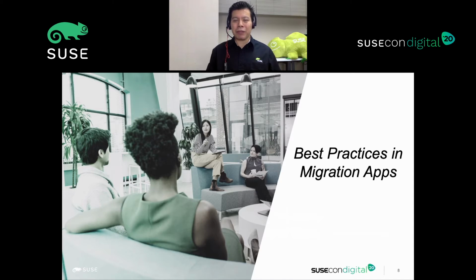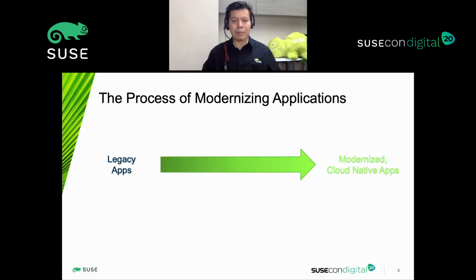Now, in this session, we're going to talk about the best practices in migrating applications into the container platform. There are many consultants and vendors offering services to help enterprises modernize enterprise applications. Some even claim to have their own tools, maybe open source or closed source, to accelerate such a migration process.